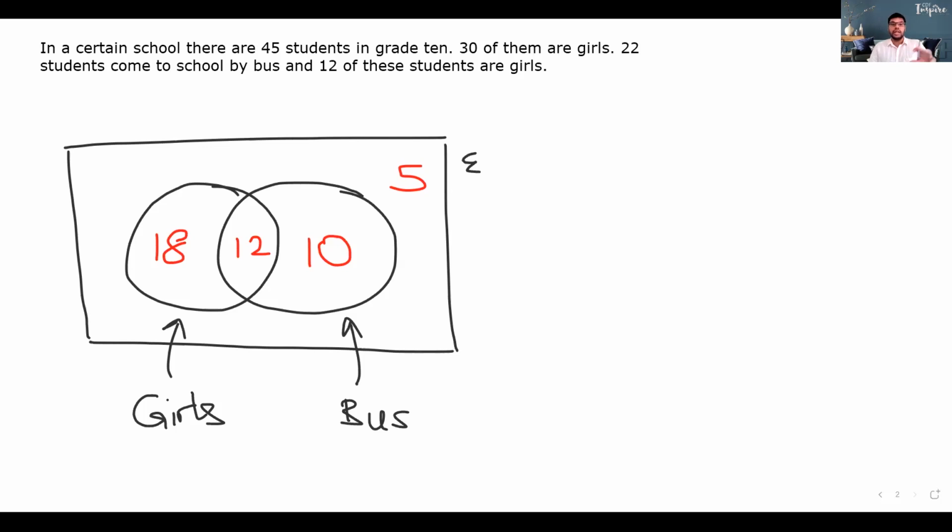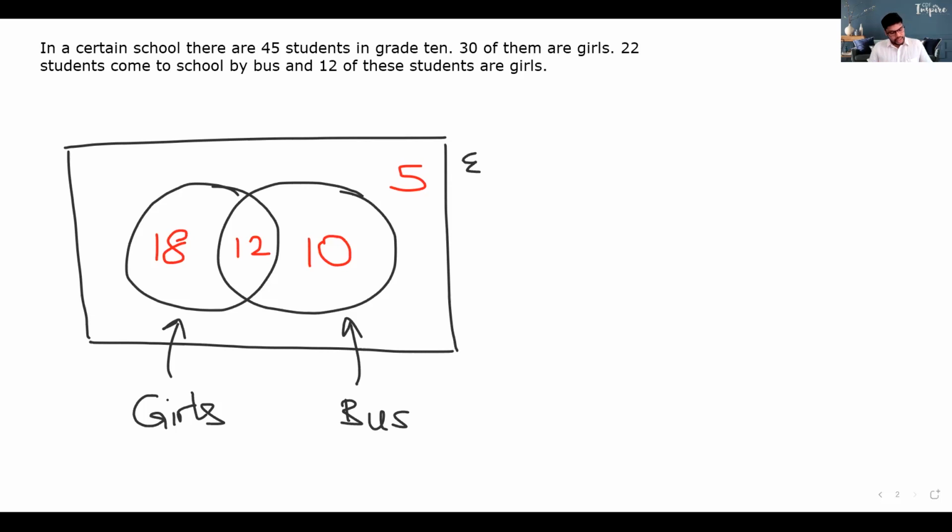So remember children, all the girls are inside the girls circle. So everything outside the girls circle is boys. All of the people who come to school by bus are inside the bus circle. Everything outside the bus circle is people who don't come to school by bus. So if you're looking for the number of boys who don't come to school by bus, you're looking at outside both circles.